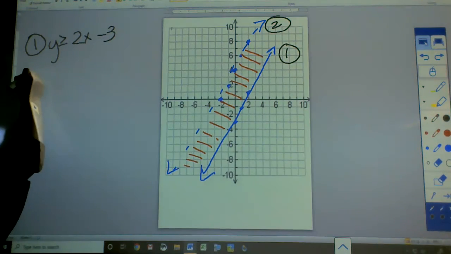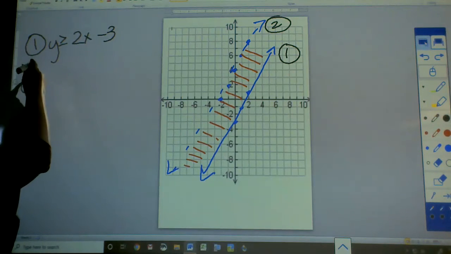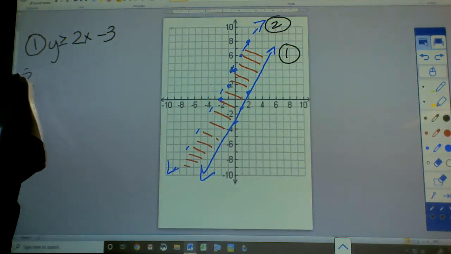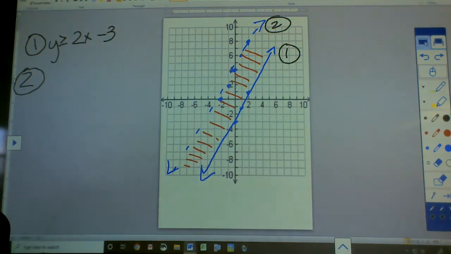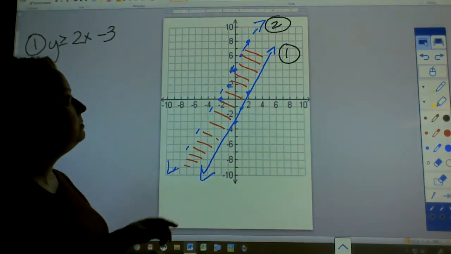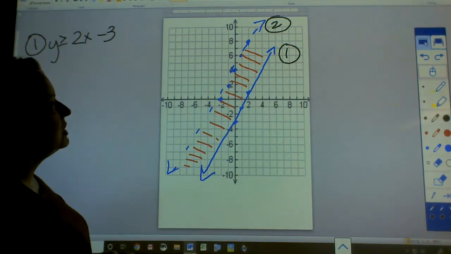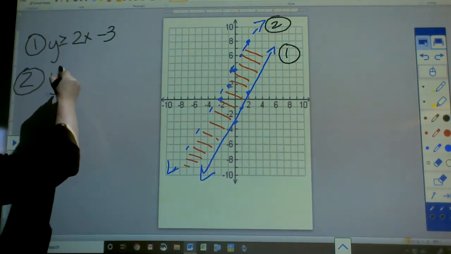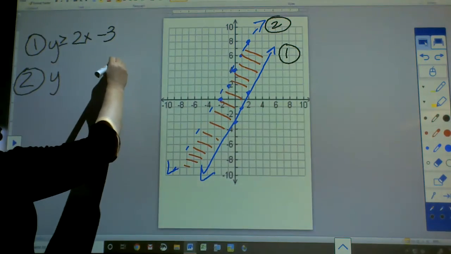So let's move on to number 2. Okay, so number 2 is right here, the dotted one. So that has a y-intercept up at 4. So we're going to have y, and then we're going to have 4 over here.